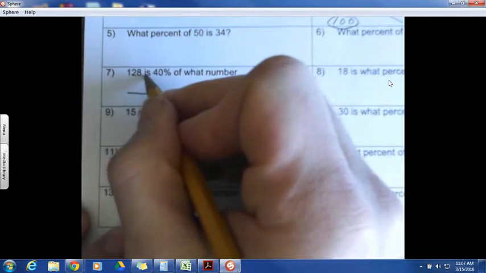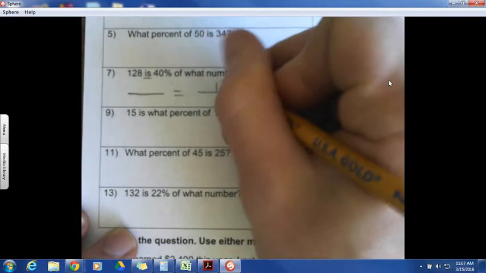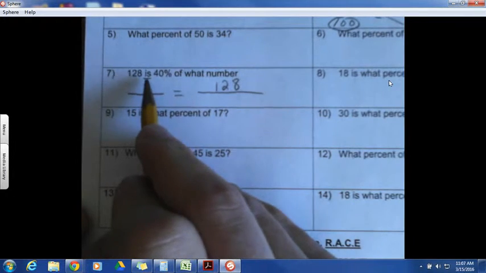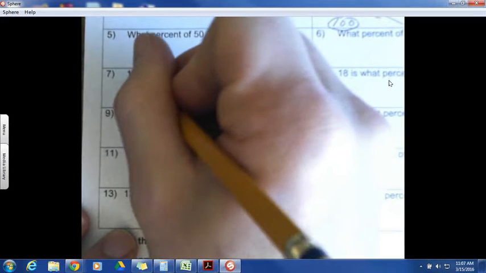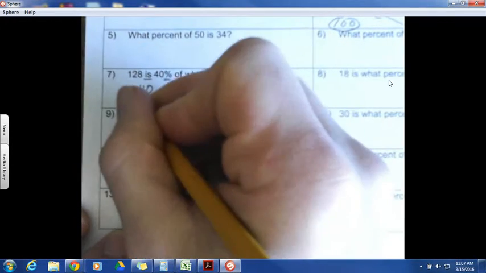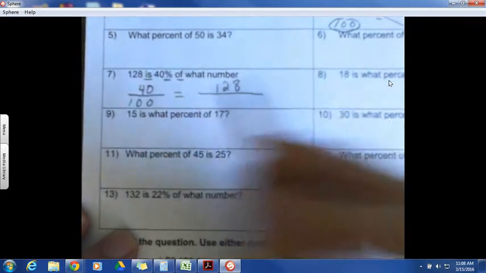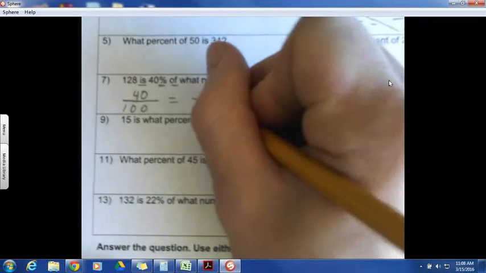So here's my is. 128 is, so is goes on top. 128 is 40%, so I see a percent there. My percent goes on top on the left side, over 100, of what number? Since the of piece is what we're looking for, I'm going to put an N in there.